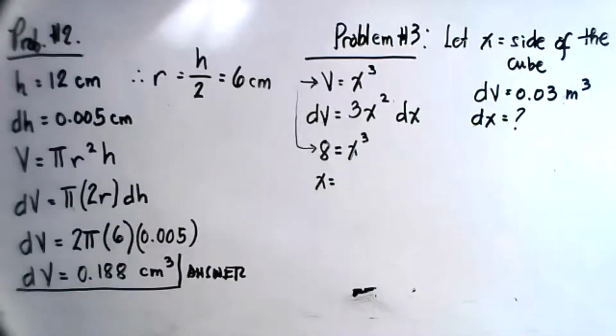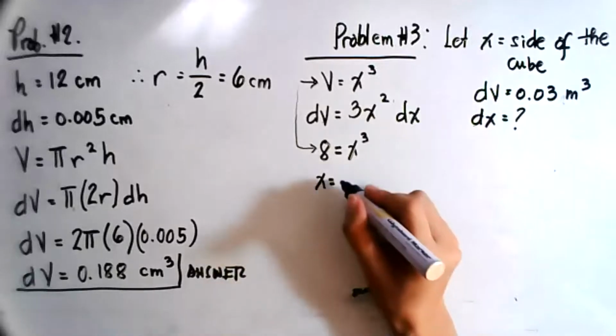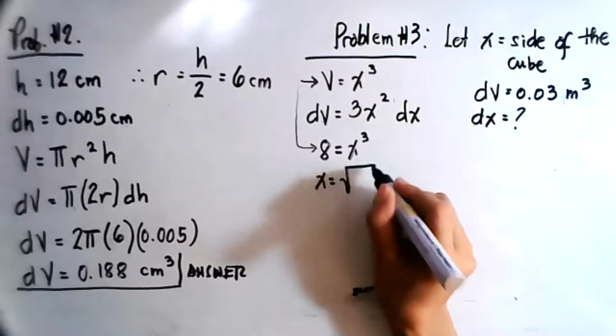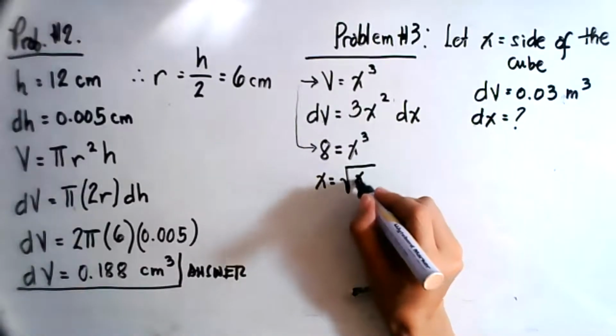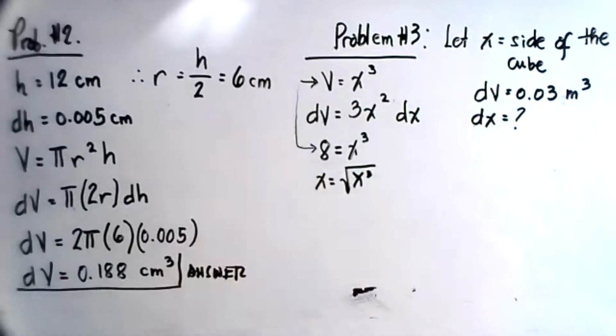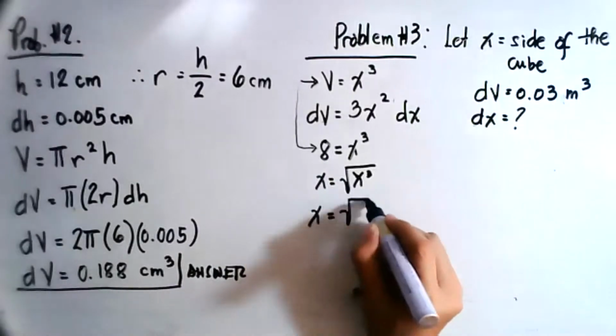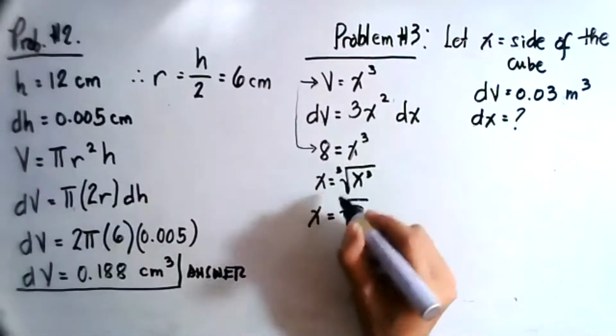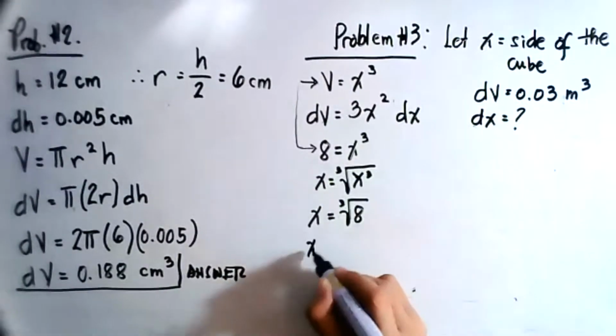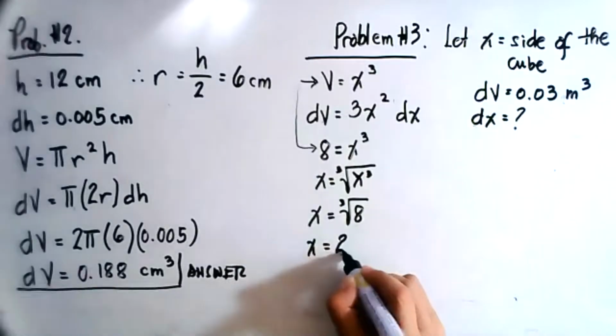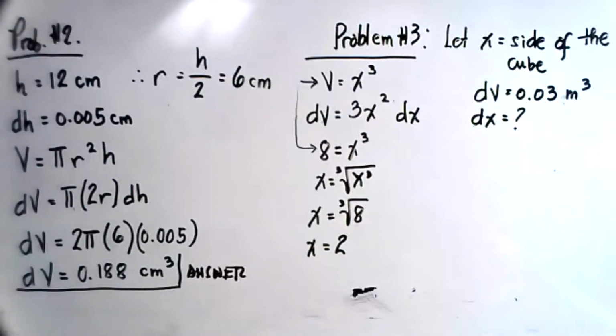Again, 2. That is the cube root of x cubed. And that is x is equal to the cube root of 8, or x is equal to 2. Unit? Anong unit natin?